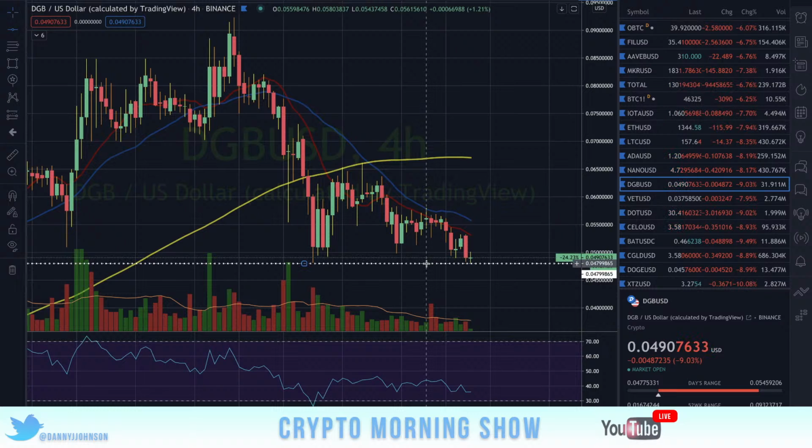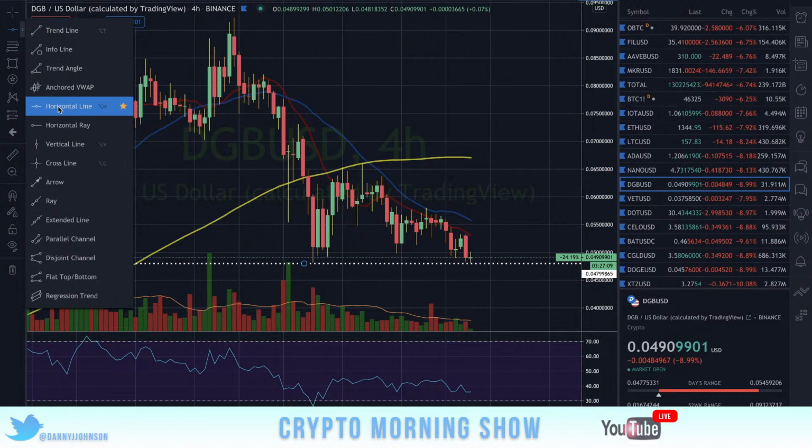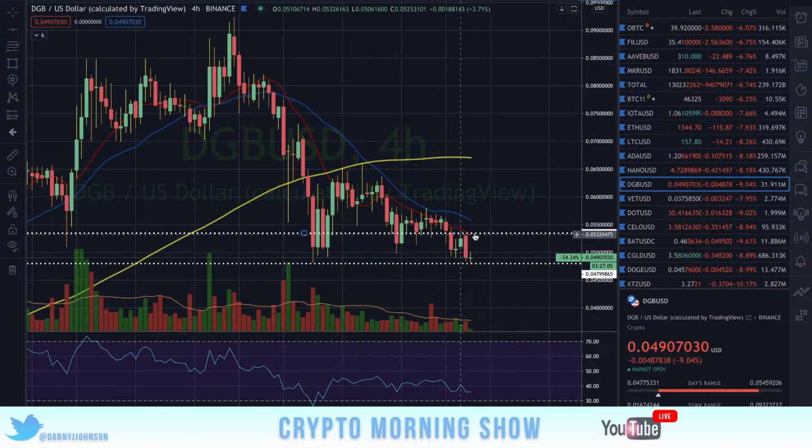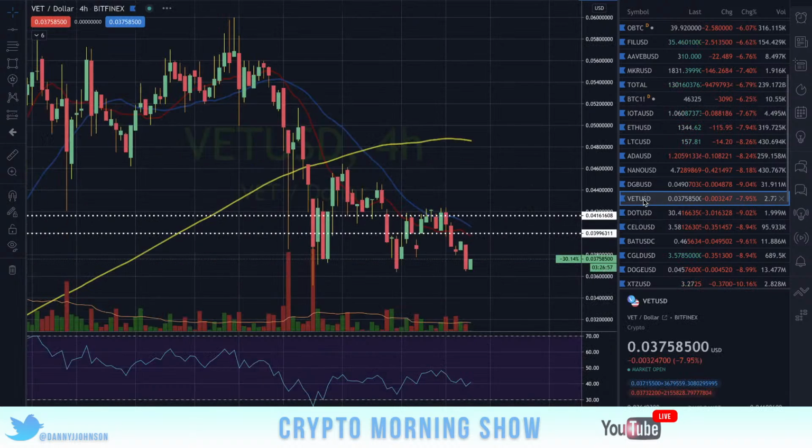So there we go, right there, holding support at the 0.0479 USD. And we will get you resistance for this guy. Double top right there. And the 12-day creates resistance there at 0.0534.